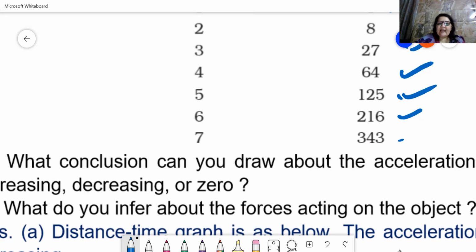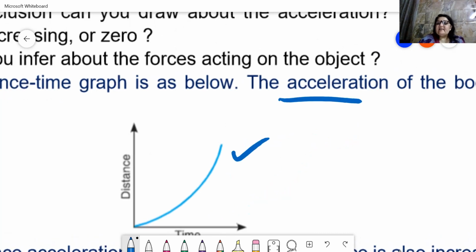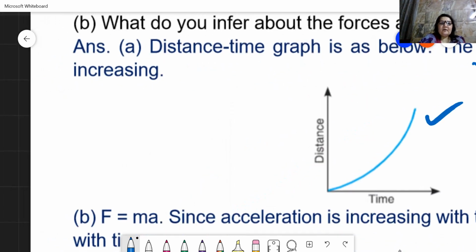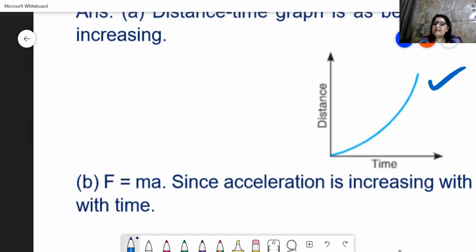If the distance time graph, which is given here, is like this, you can see the distance time graph which we will get from using all the values here. It will be like this. So the acceleration will always be increasing. This is one method, or you can find out acceleration one by one and then do it, but that will be a long calculation.